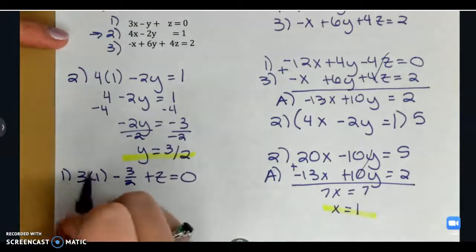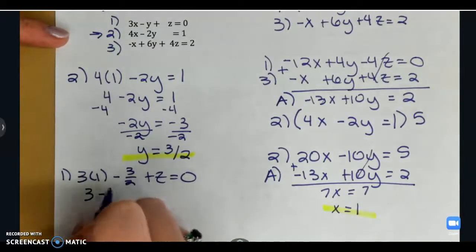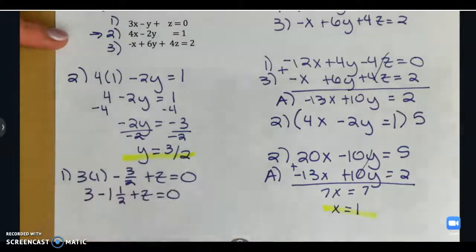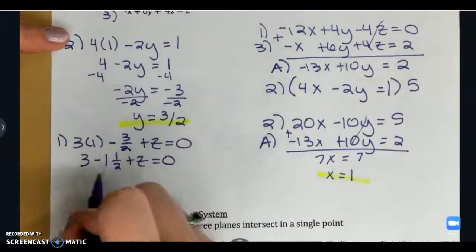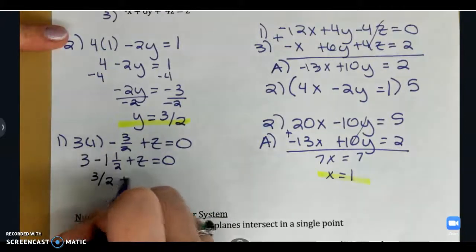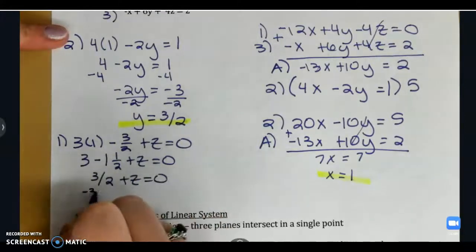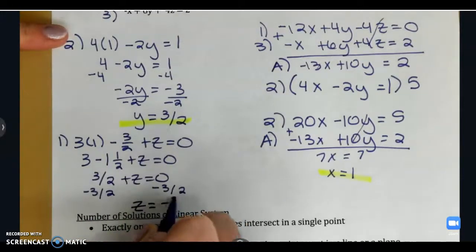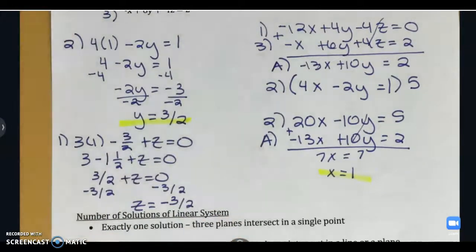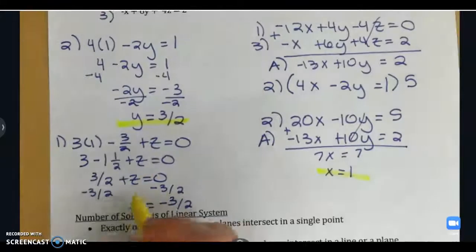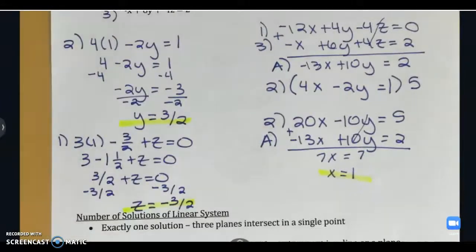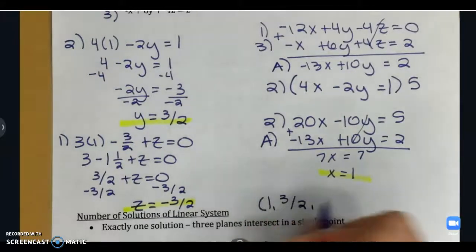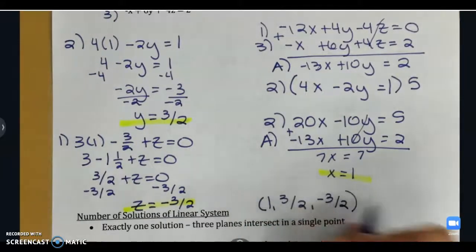So 3 minus, and remember that's like 1.5, plus z equals 0. 3 minus 1.5 is 1.5 or 3 over 2. So I'm getting that z is negative 3 over 2. So there's my third value. So my ordered triple is going to be 1, 3 over 2, negative 3 over 2.